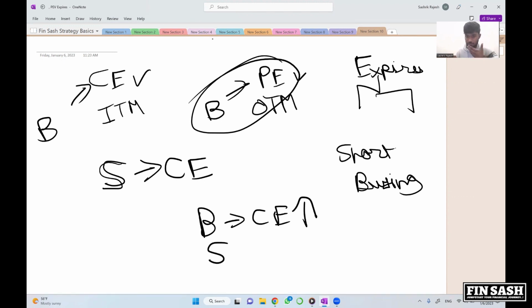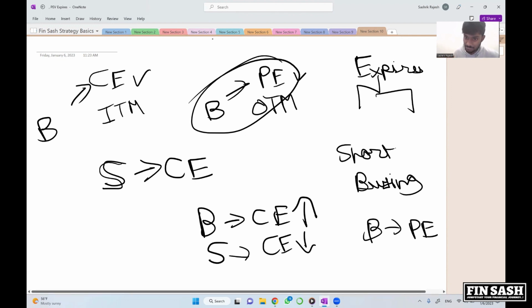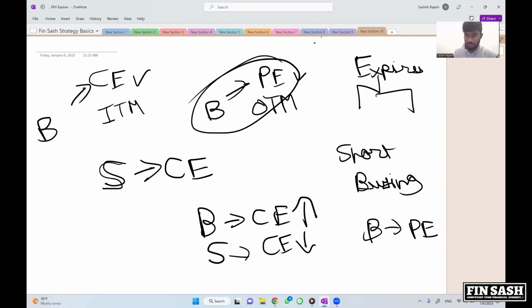What does shorting a call mean? It means basically you think the market's going down. But you'll ask me, Sashrik, isn't it easier if you just buy a put option instead? Here's the thing. Like I said, there are different factors which affect the option prices, like gamma, alpha, etc. And we know that all out of the money options expire to zero.